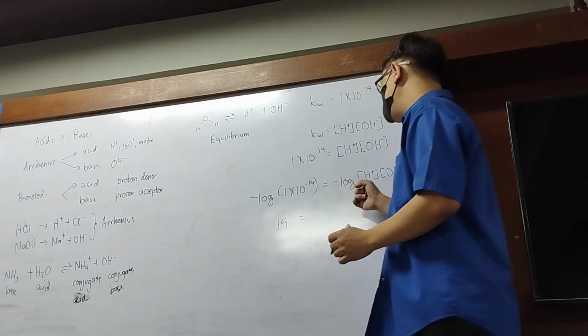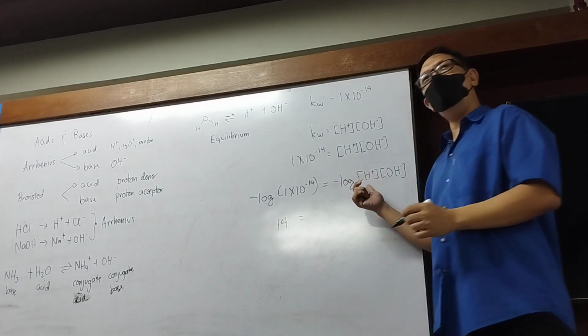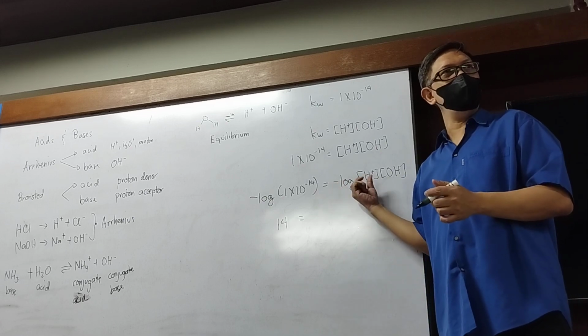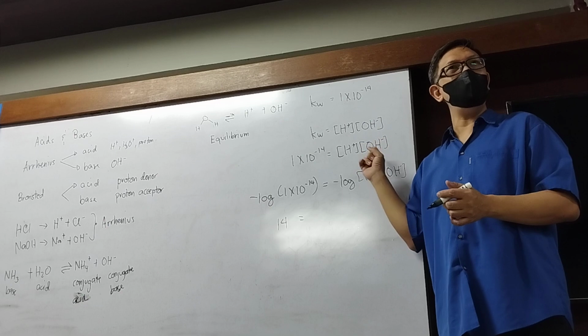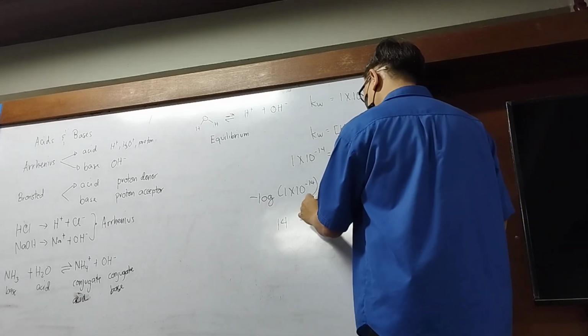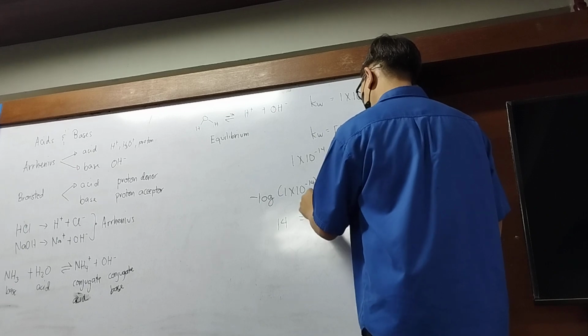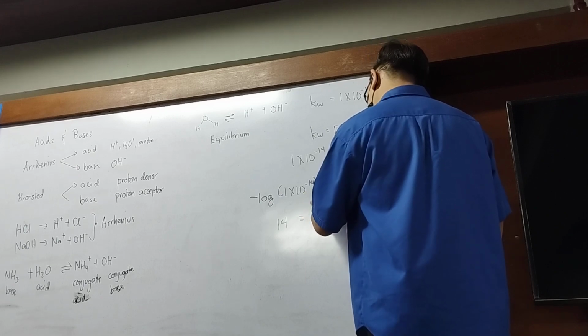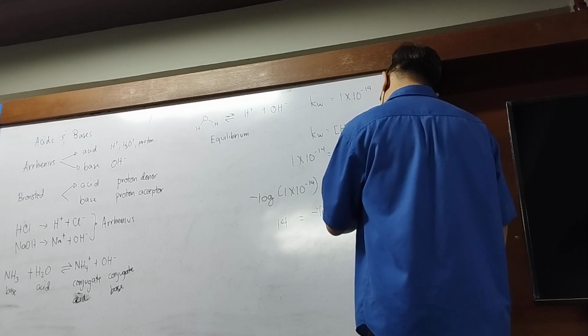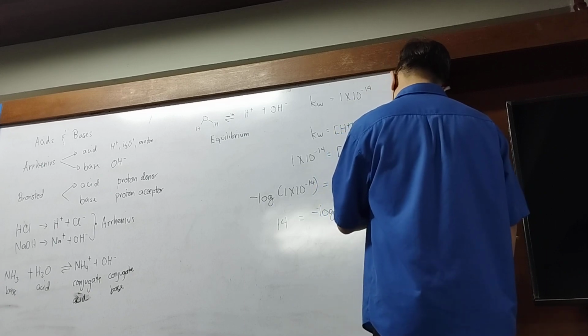And then take note, di ba, log, if you remember your math, log of x times y is equal to log x plus log y. So it's the same thing. So we can separate this as negative log H plus negative log OH minus.